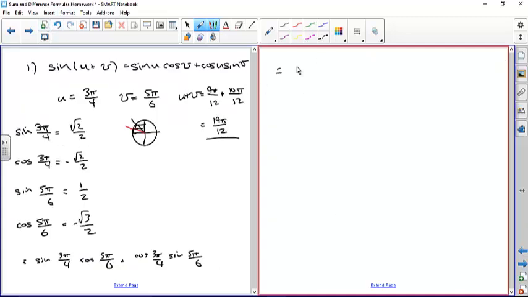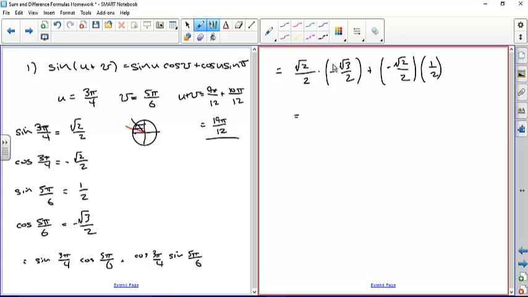All we have to do is look at these. Square root of 2 over 2, that's the sine of 3 pi over 4. The cosine of 5 pi over 6 is negative square root of 3 over 2. And then I add the cosine of 3 pi over 4, which is negative square root of 2 over 2, and the sine of 5 pi over 6, which is a half.